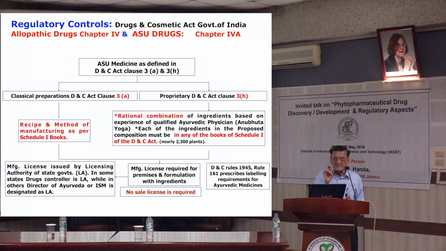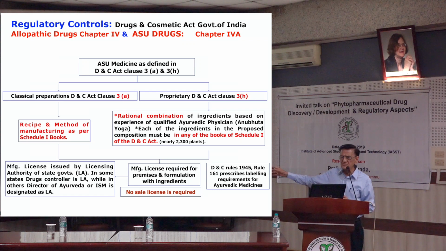Hence, I would advise the scientists who are developing a herbal drug: from this day onward, don't call it a herbal drug, an Ayurvedic drug, a Unani drug, or a Siddha drug unless you use the plants mentioned in the Schedule 1 books. There are 2,300 plants. If you go beyond that, it is no longer a plant you can use.